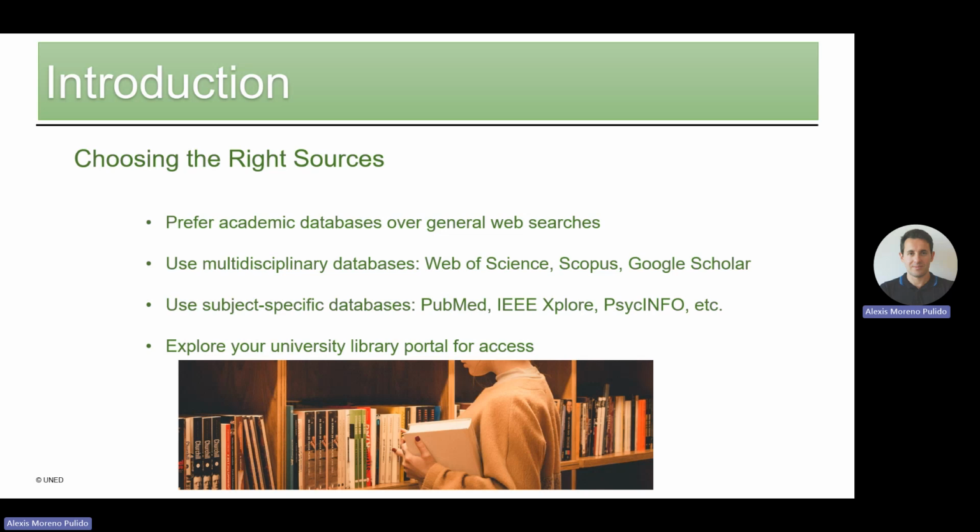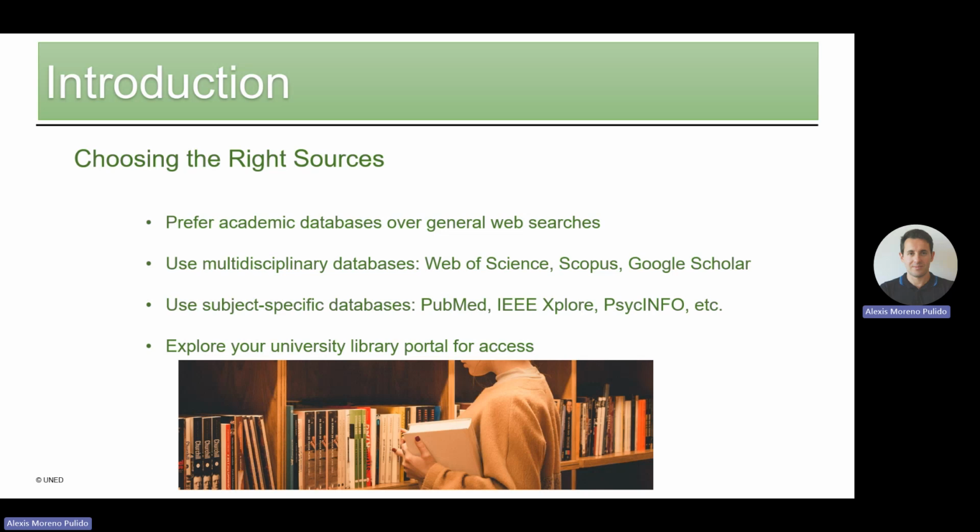Depending on your discipline, you might use multidisciplinary databases like Web of Science, Scopus, or Google Scholar, or field-specific databases such as PubMed for biomedical sciences, IEEE Xplore for engineering, ACM Digital Library for computer science, PsycInfo for psychology, and so on. University library portals often provide access to these databases and others, including book collections and dissertation repositories.